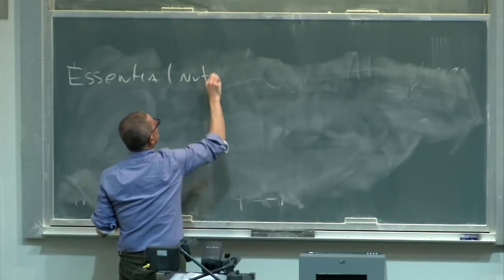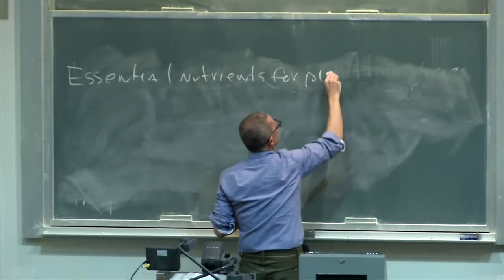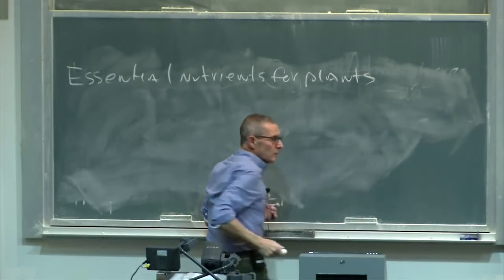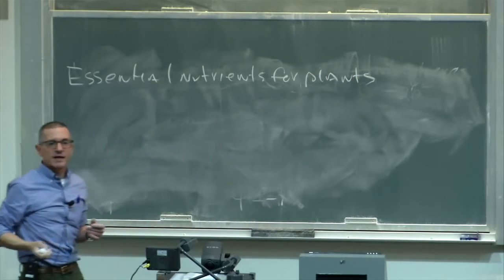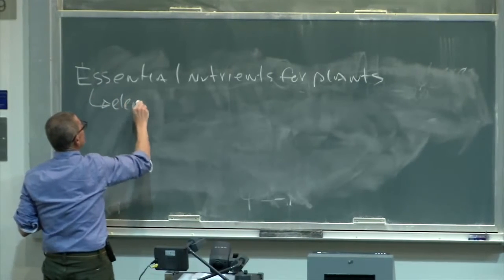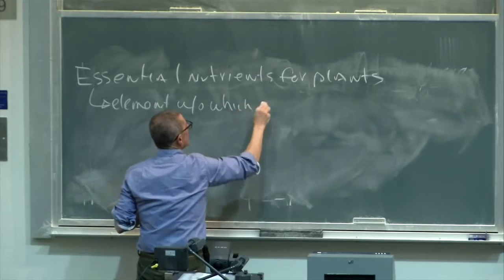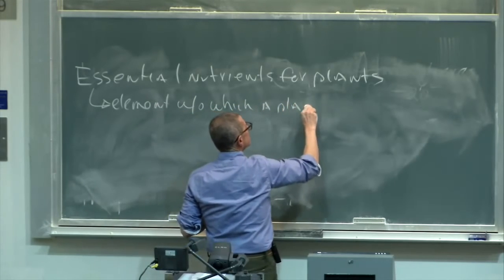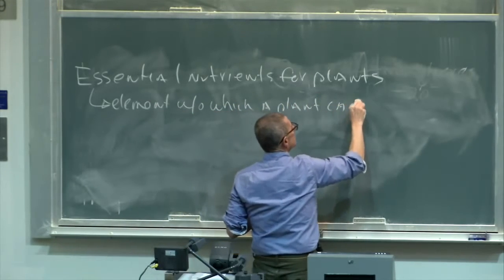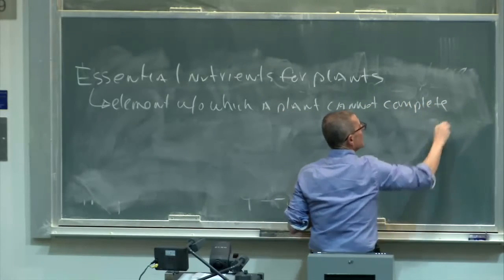nutrients for plants. And we can define an essential nutrient as an element without which a plant cannot complete its life cycle.